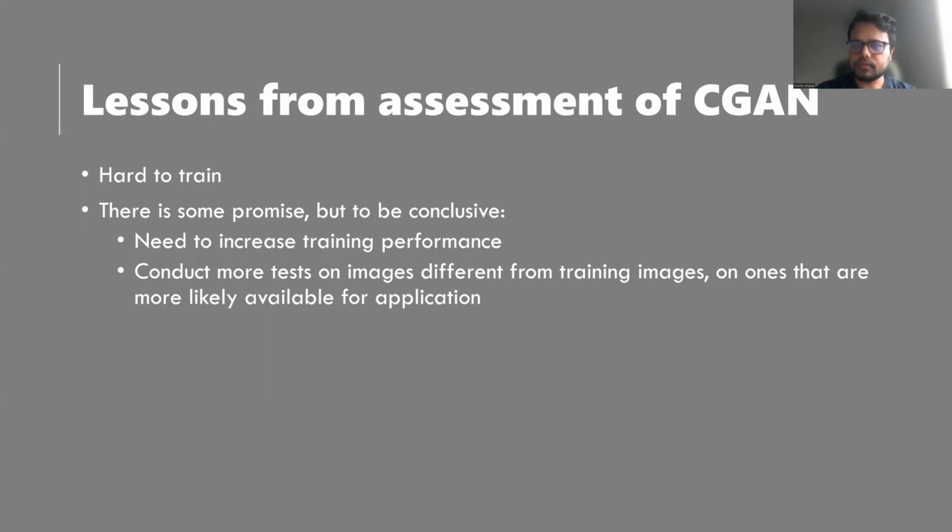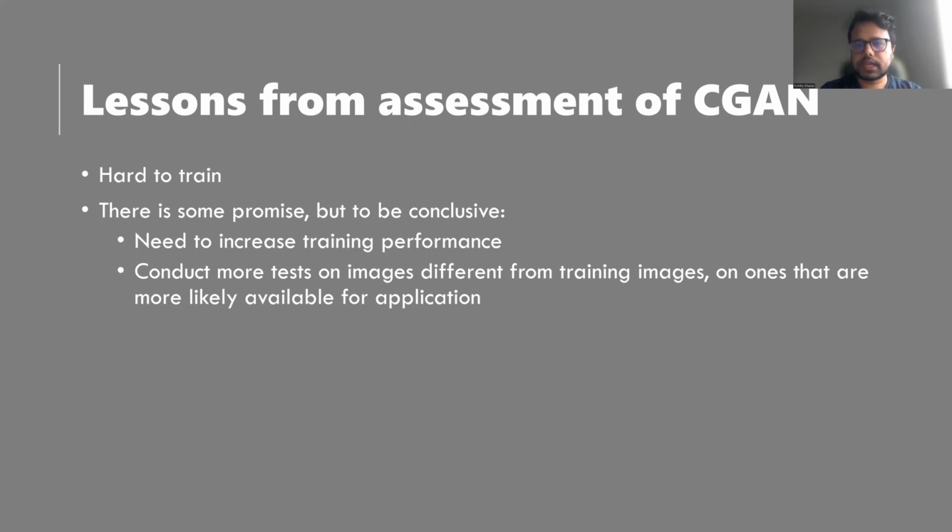So what we can say from these observations is that cGAN models may have some promise, but it's still inconclusive. We need to run more tests and design the test set a bit differently. And there's also a problem with increasing the training performance, because GANs are notoriously hard to train.